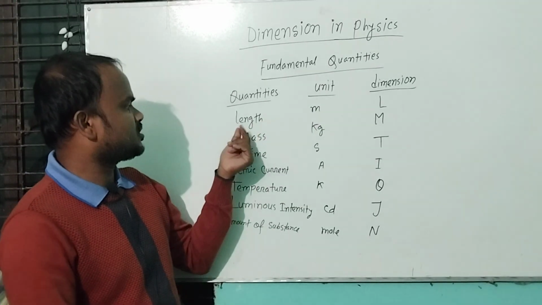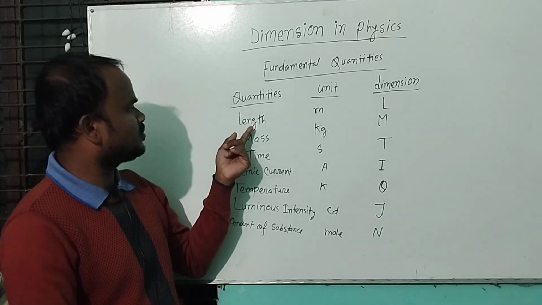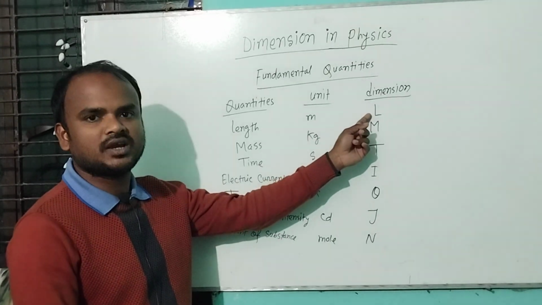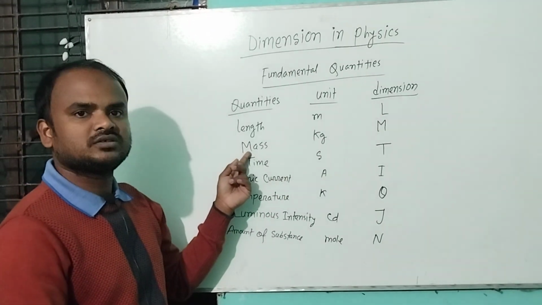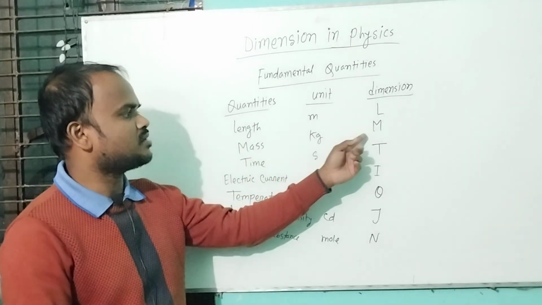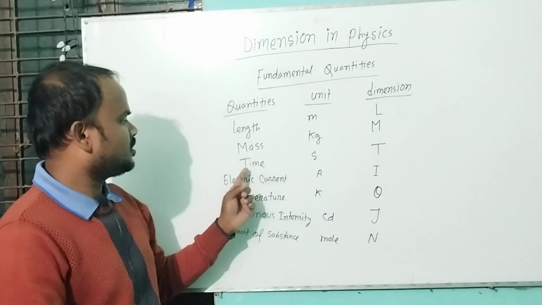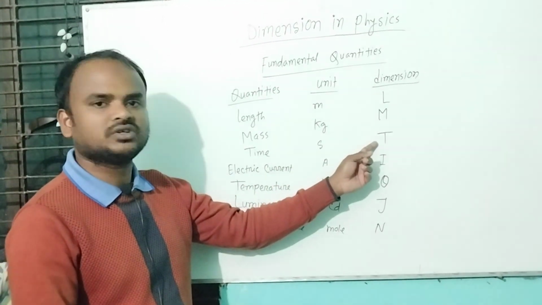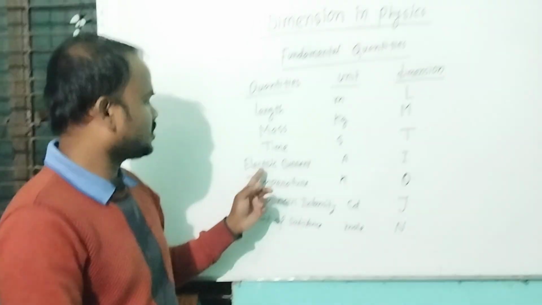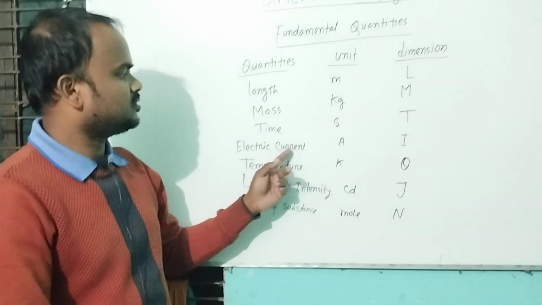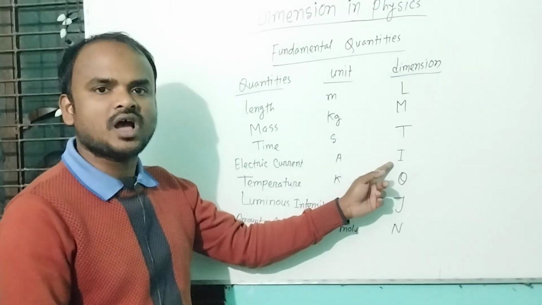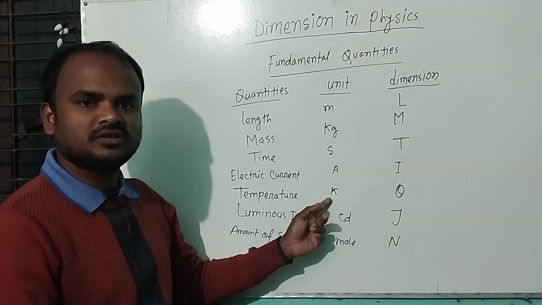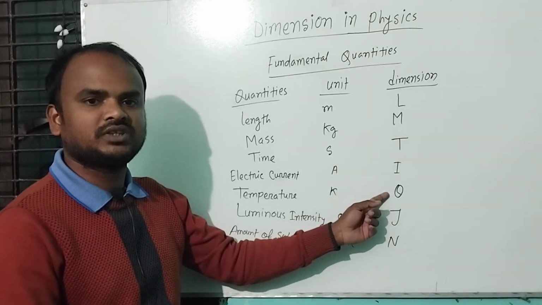The first of the fundamental quantities is length, unit meter and dimension L. Mass, unit kg, dimension capital M. Time, the unit of time is second and the dimension is T. Electric current, the unit A, dimension I. Temperature, unit Kelvin and dimension theta.